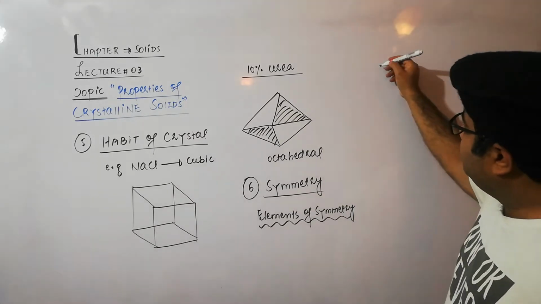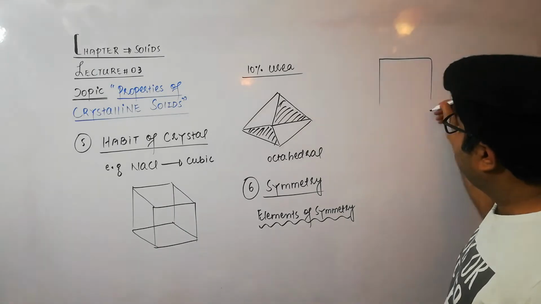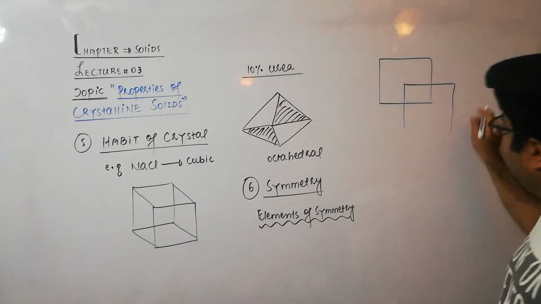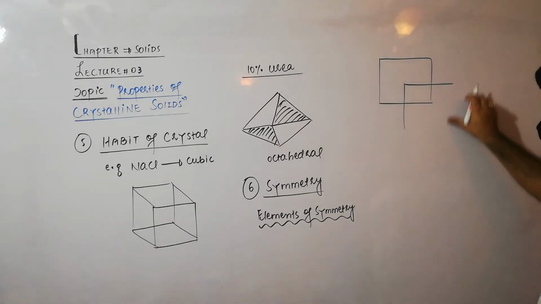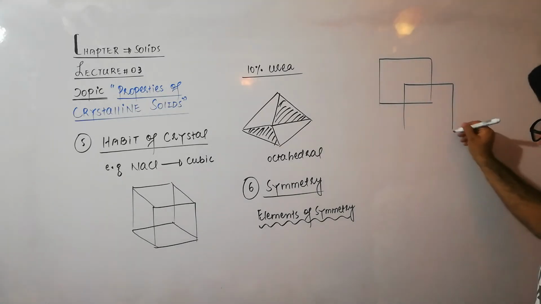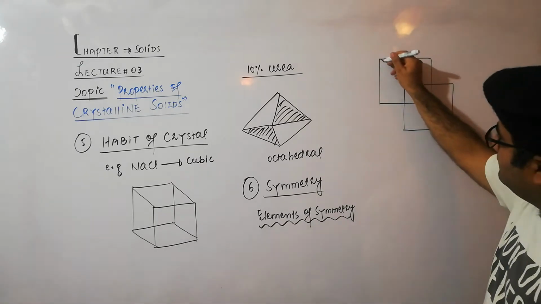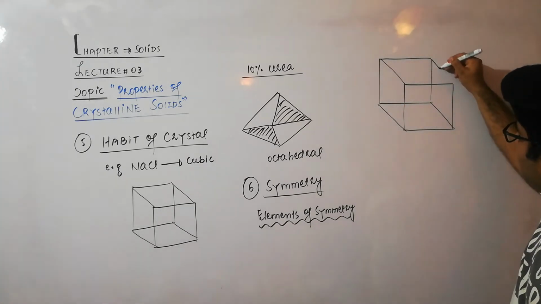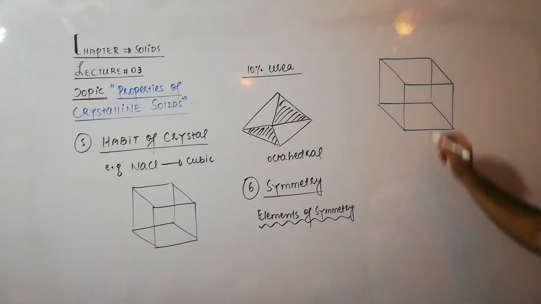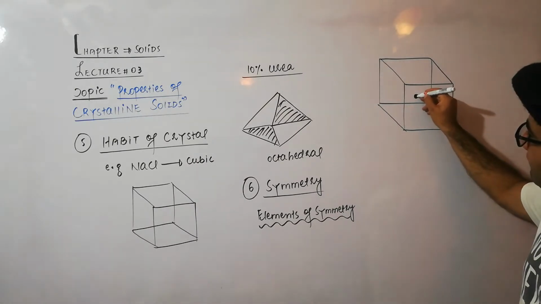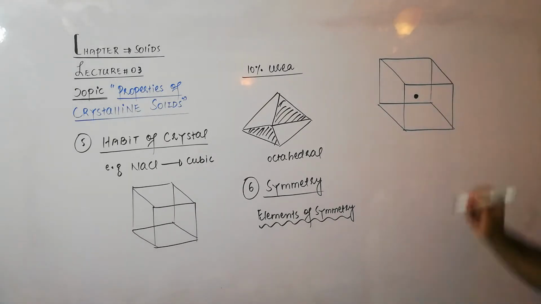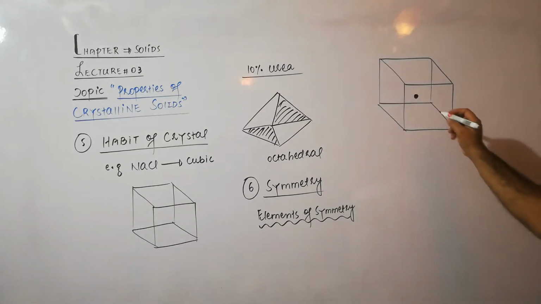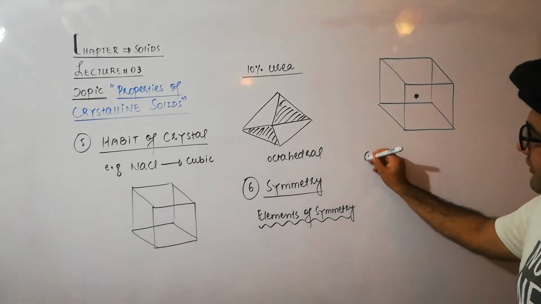Let us discuss them. Suppose that I am going to draw a cubic unit cell. So there will be a center about which this crystal is rotated, and this is called the center of symmetry.